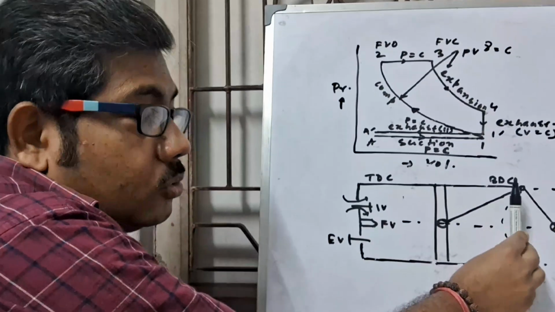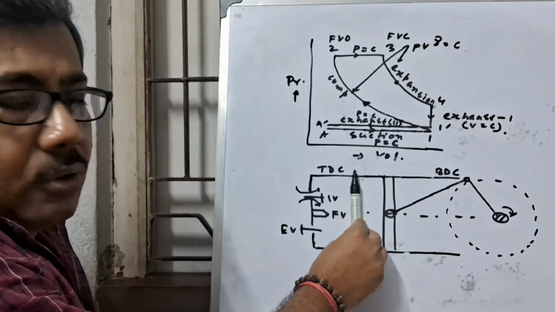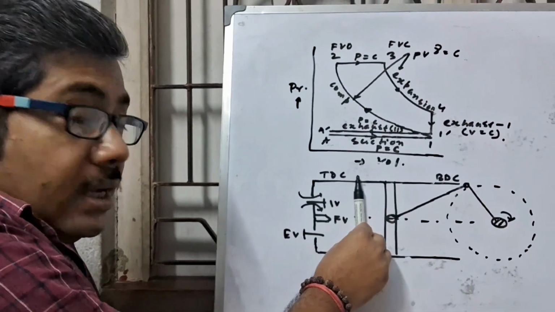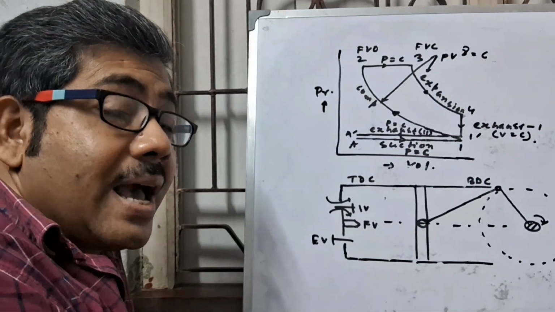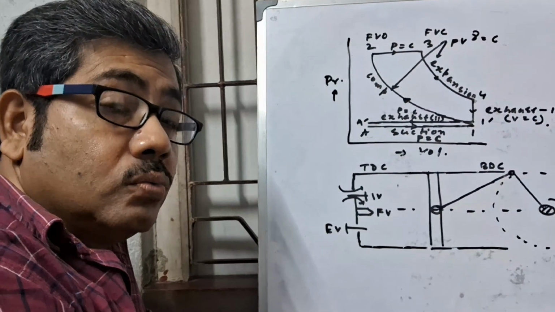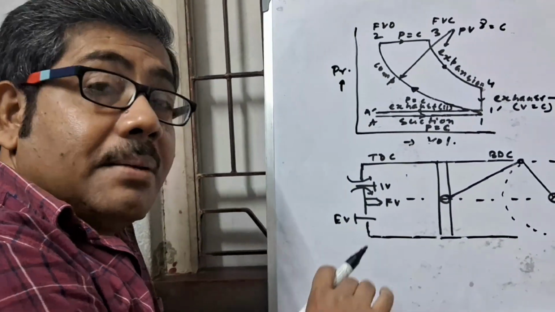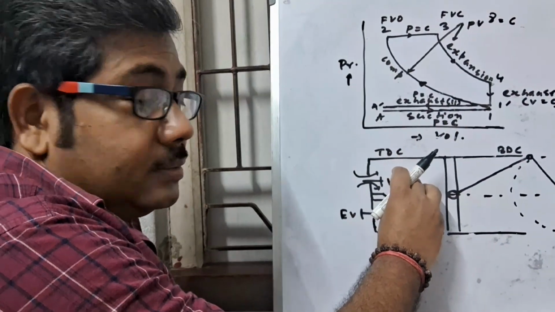And when the piston reaches near the clearance volume, from BDC to near clearance volume, due to compression, heat is generated, and the temperature gets very close to the self-ignition temperature, that means the temperature at which diesel oil burns.